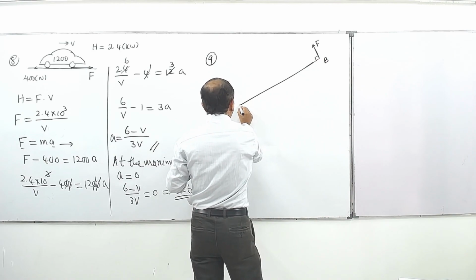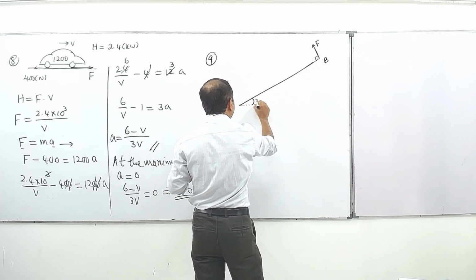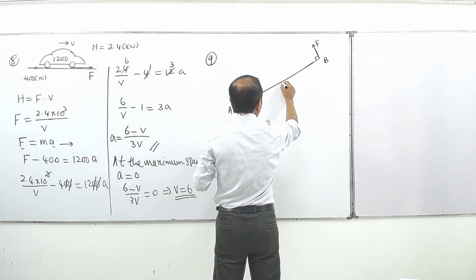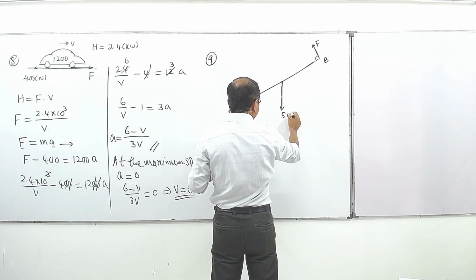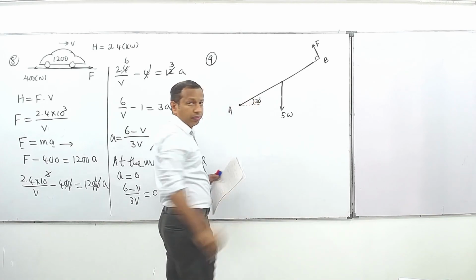Rod is resting, making an angle 30 with the horizontal. This angle 30. Uniform rod, center of gravity at the midpoint. Weight given as 5W. At the hinge, there is a single reaction.